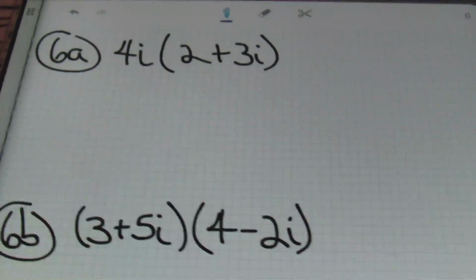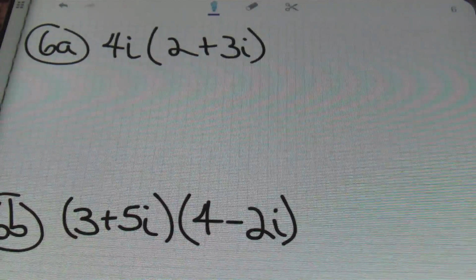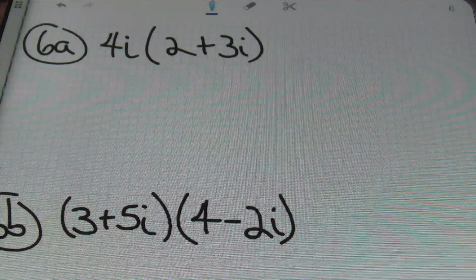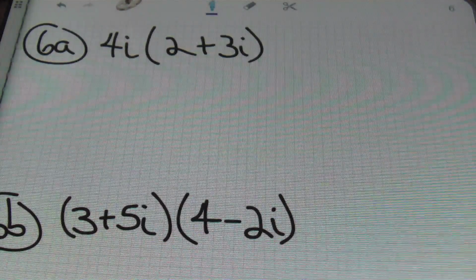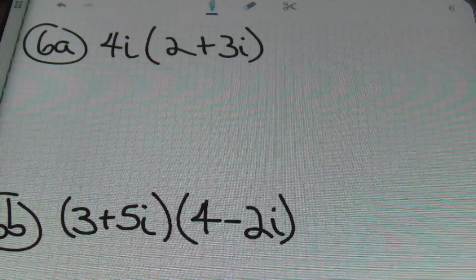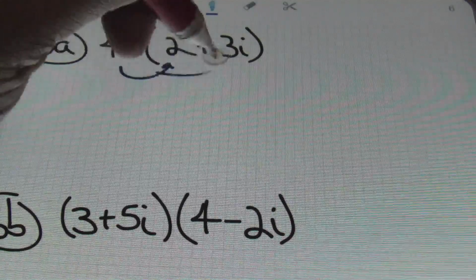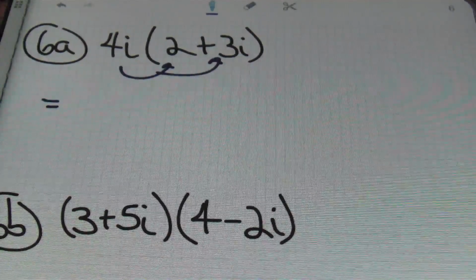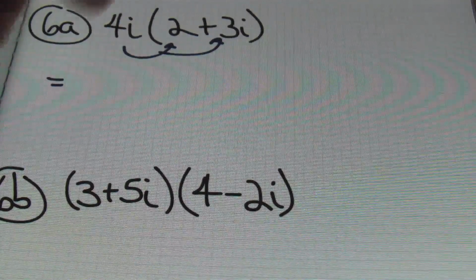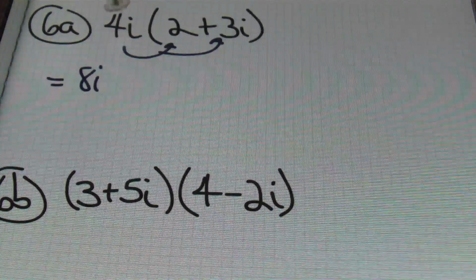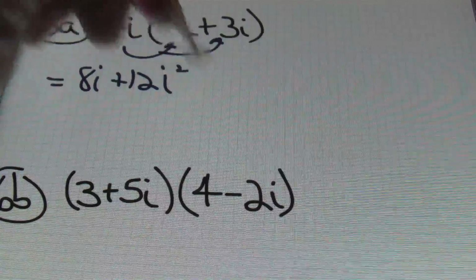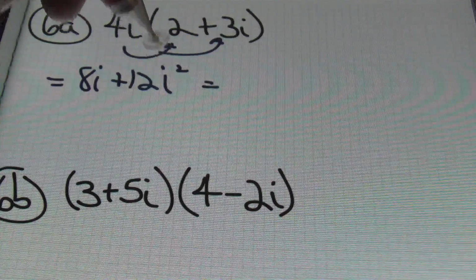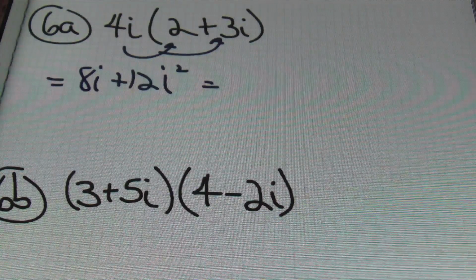All right, ladies and gentlemen, let's check out problem number 6. With 6a, we're going to distribute. That's right, my favorite property, about to get those arrows popping. So anytime we have a term outside of a set of parentheses like this, we're going to multiply. So I'll be distributing 4i into the parentheses here. I got my arrows popping there. So you have 4i times 2, that gives me 8i, and then 4i times 3i gives me 12i squared. From here, ladies and gentlemen, we'll go ahead and remember that that i squared value equals negative 1.